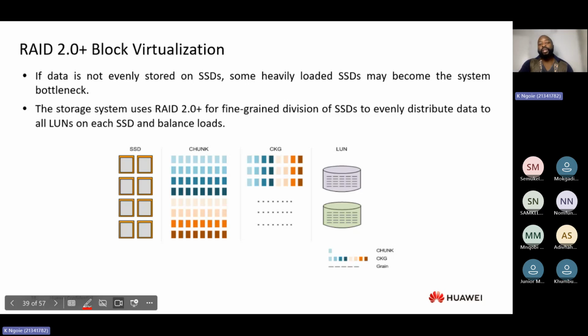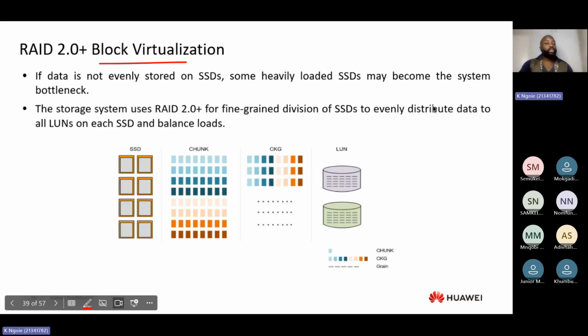So in simple terms, block virtualization will just be breaking the disk into many smaller CKs, which are the chunks. Okay. So this is going to help us make the recovery easy.